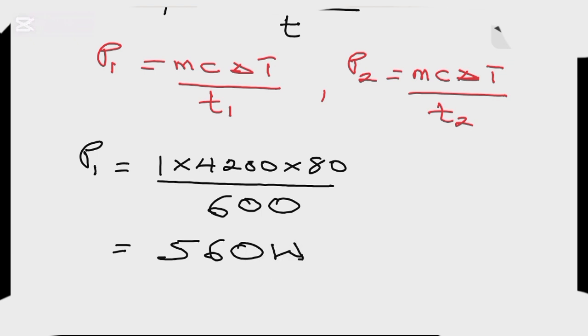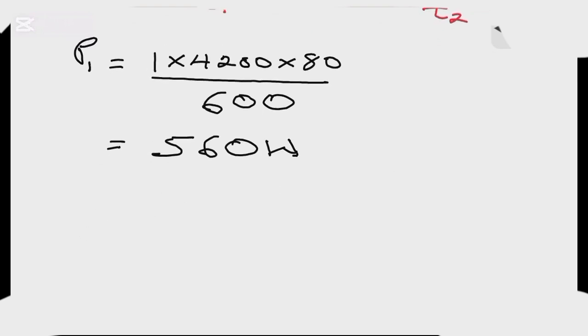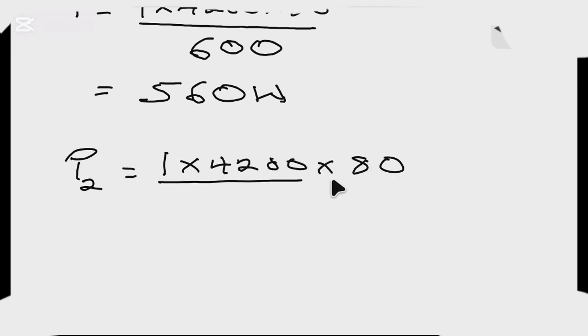Okay, so my P2 will also be equal to the mass times the specific heat capacity times the change in temperature, all divided by the second time, that's T2, and T2 was 360 seconds.